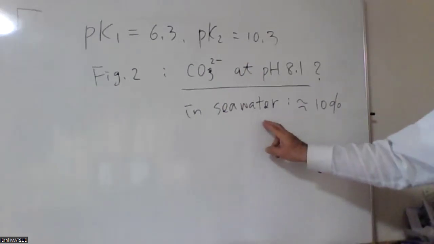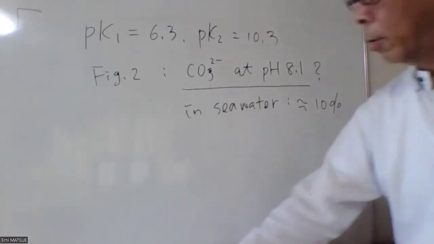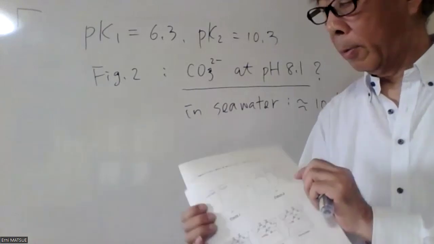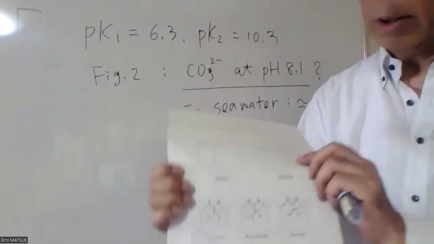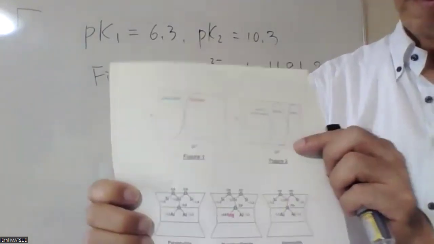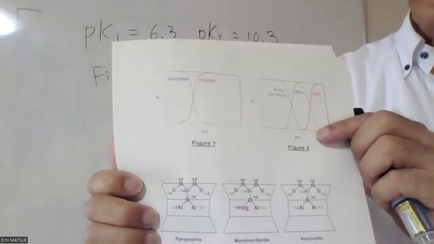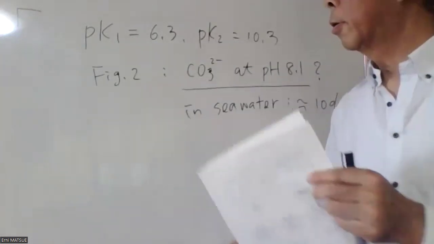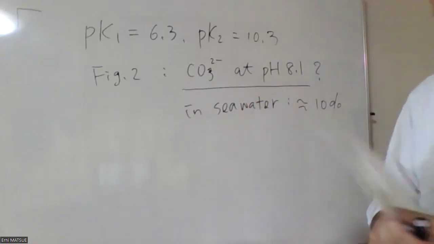This is the real water. But for ideal water, you find zero in textbooks. So this is the effect of activity.